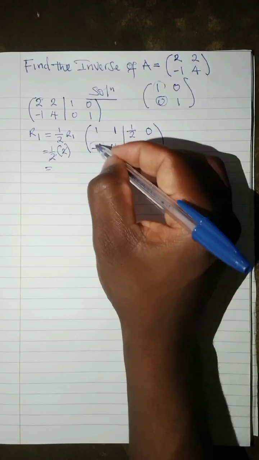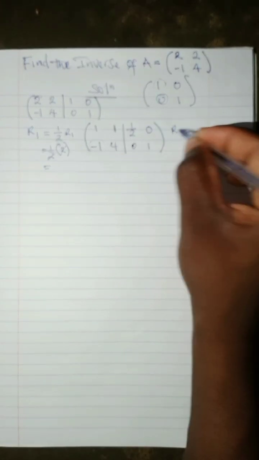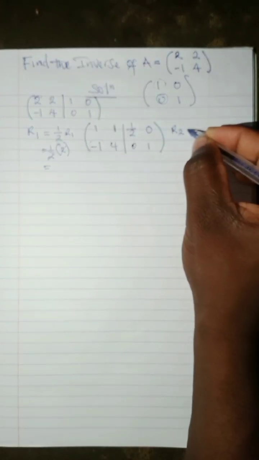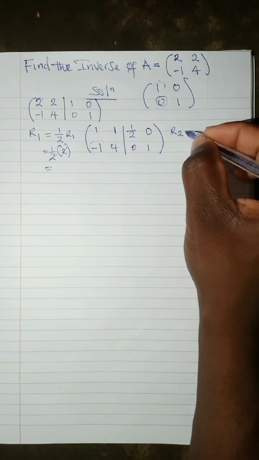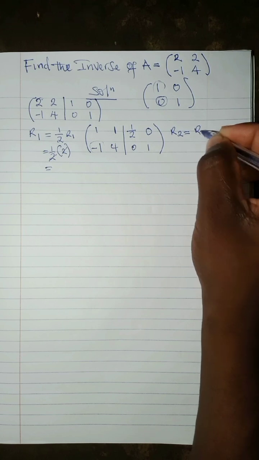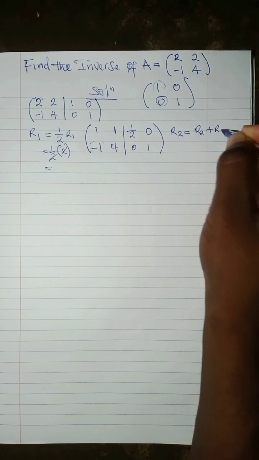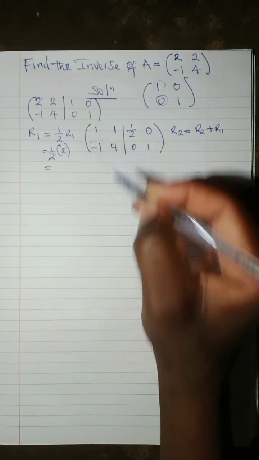We can only form a 0 here using row 1 if we say row 2, if you see properly this -1, it is in row 2. So row 2 is equal to row 2 plus row 1. If we add this and this, then definitely we are going to form a 0 here.